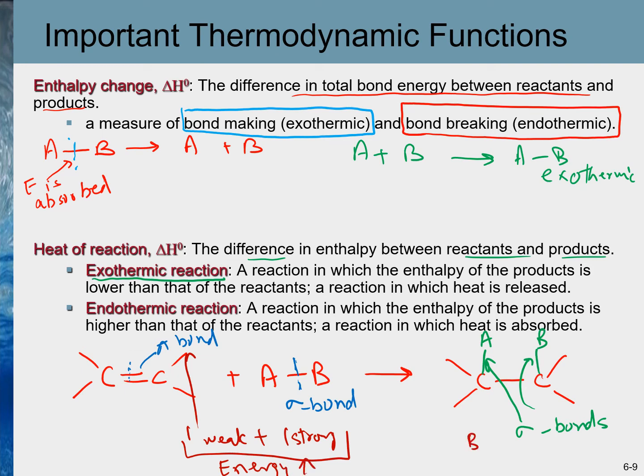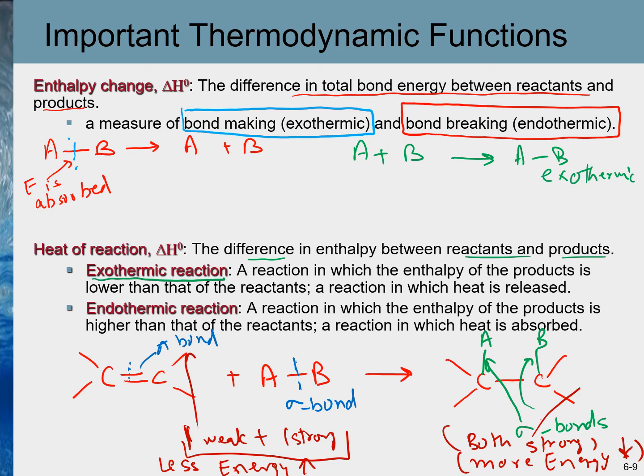But both bonds are strong when they are formed. So it means in this process, less energy is needed to break the bond because one of the bonds is weak, the other one is strong, but more energy will come out. So less goes in, more comes out.